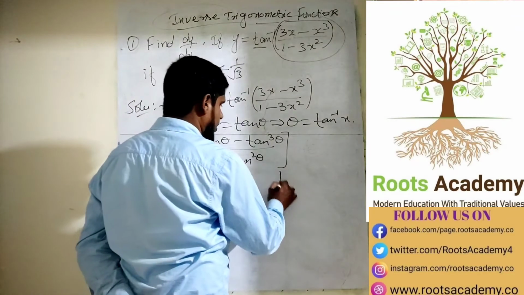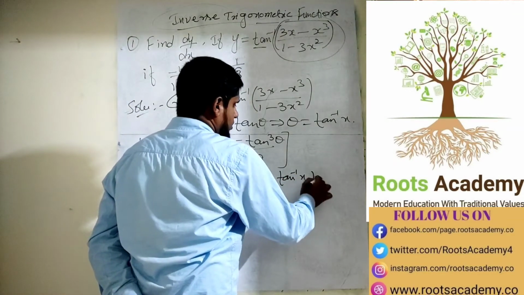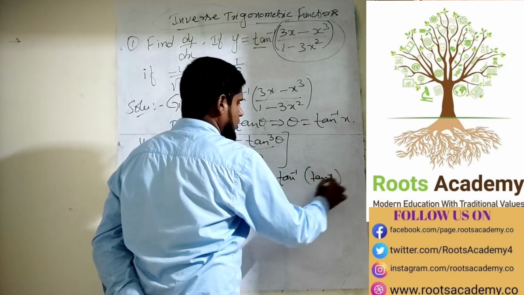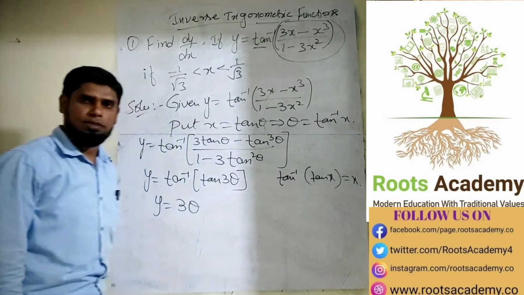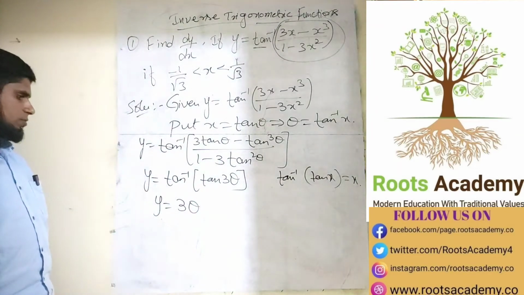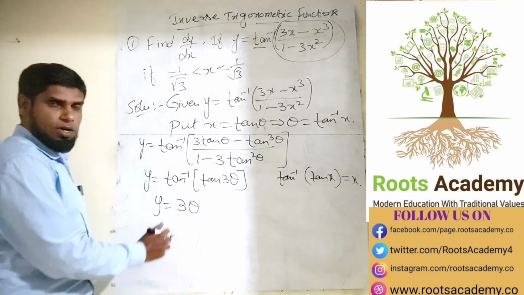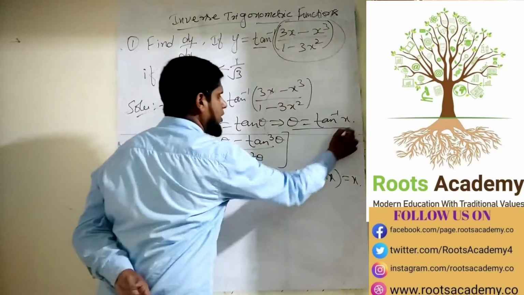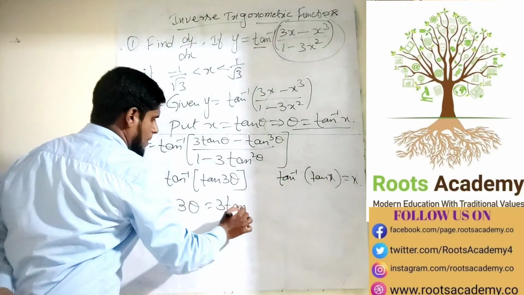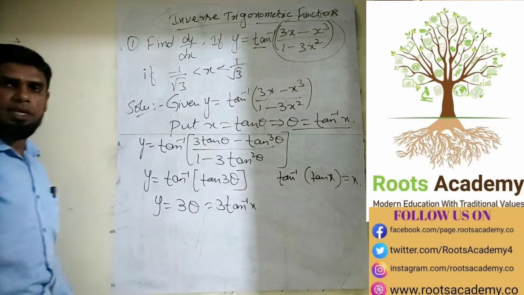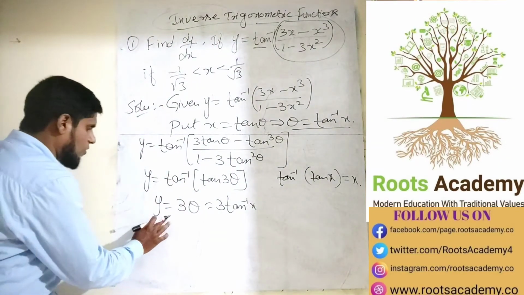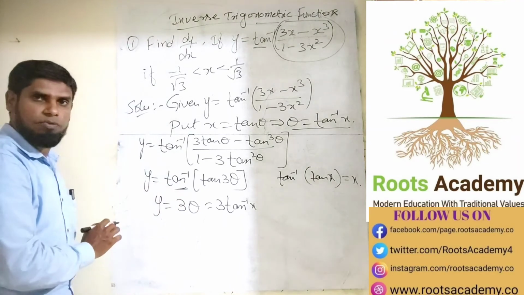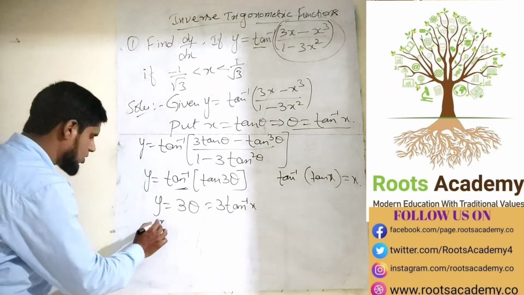We have seen the property tan inverse of tan x equals x. So what is theta now? y equals 3 times theta, and theta is tan inverse x. Now I can differentiate, since I have removed the inverse trigonometric function.